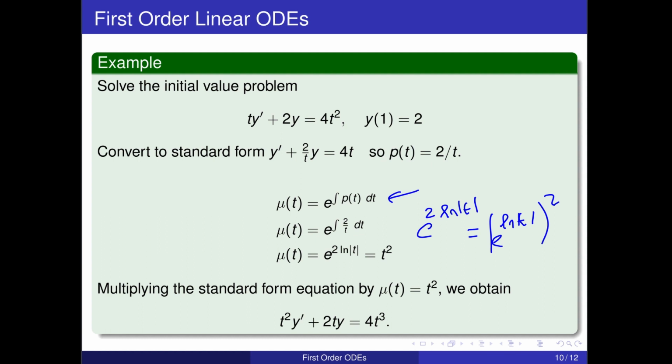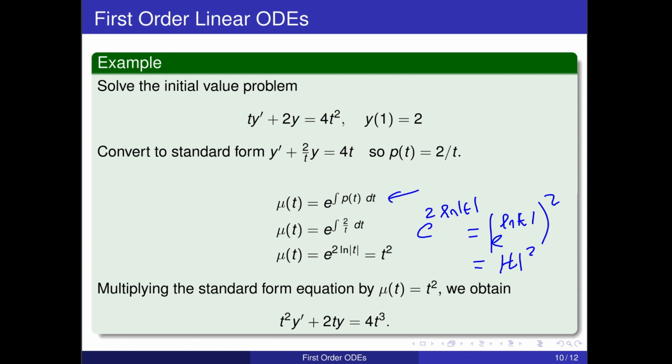This is an exponent rule: when you have a product of two things in the exponent, e to the a times b is e to the a, quantity to the power of b. So that's what we're using here. And since e and the natural logarithm are inverse functions, that's the same as the absolute value of t, quantity squared. But t squared is always positive already, so you can just get rid of the absolute value. All right, so the mu of t we need is just t squared.